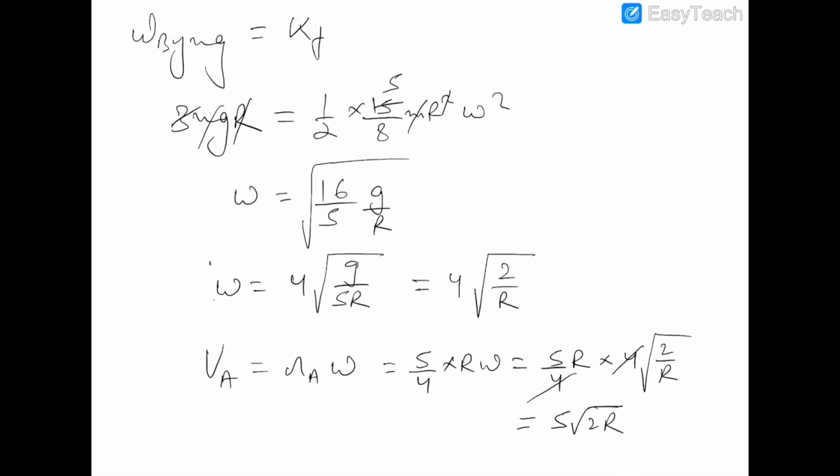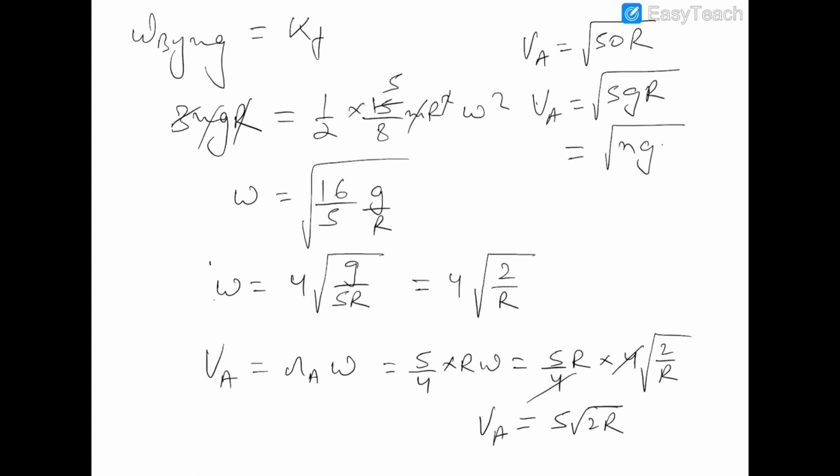Now this is VA, and VA is equal to root of 50 r, and it can also be written as root of 5 gr. If we compare it to under root n gr, which is given in the question, then n is equal to 5. So this is the final answer.